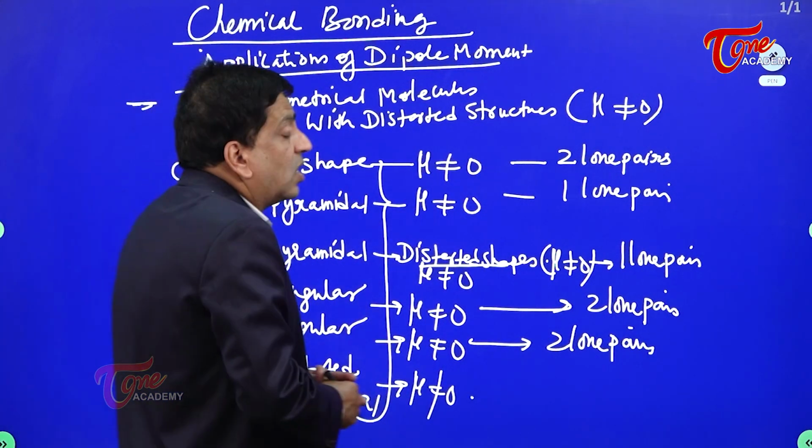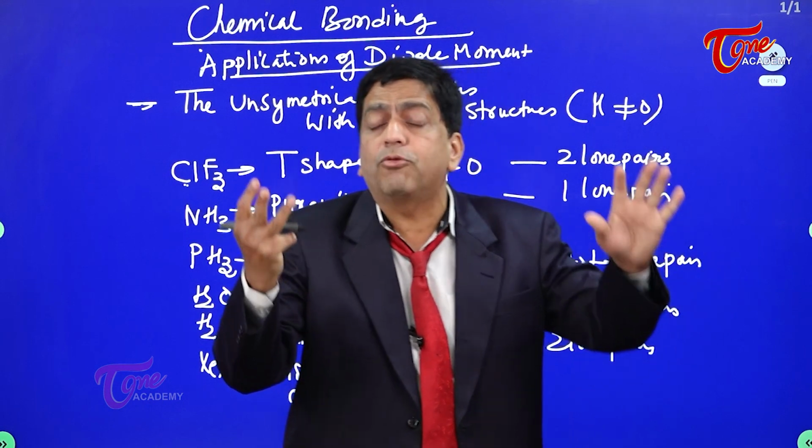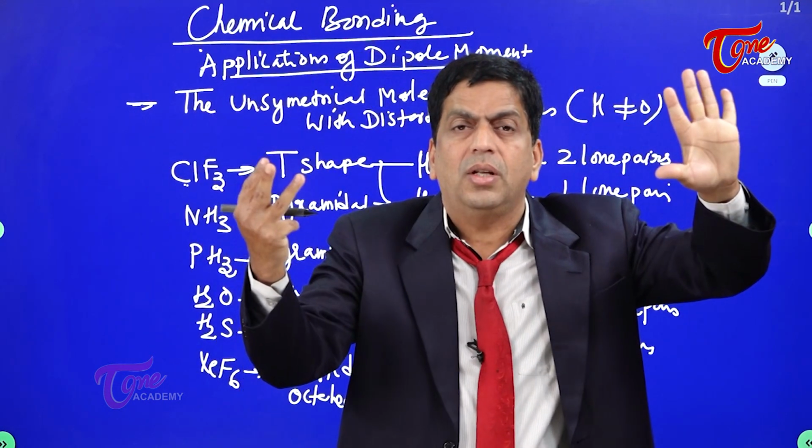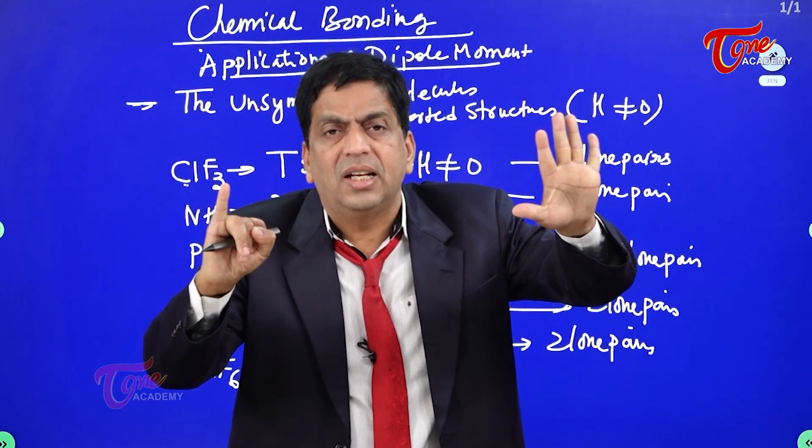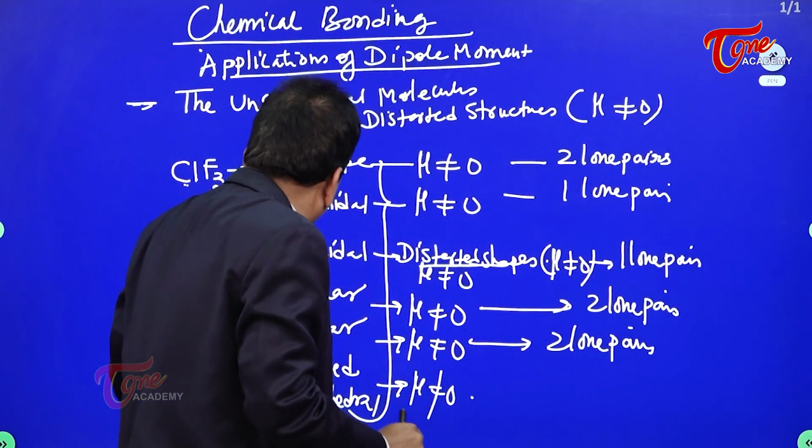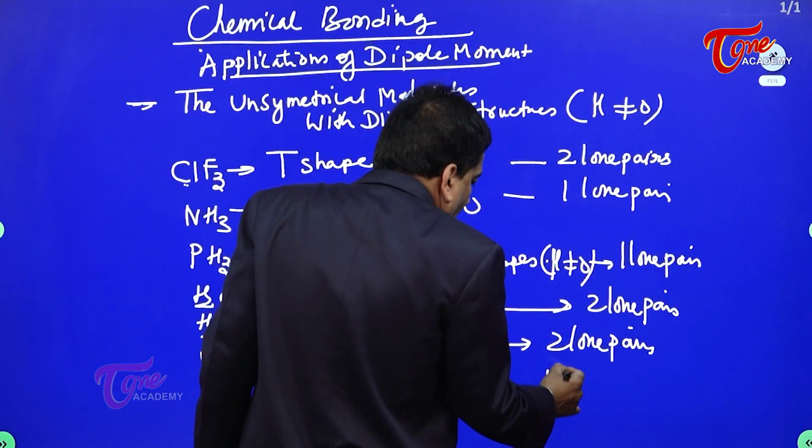And in XeF6, xenon belongs to 8th group. So you have total 8 electrons, and you invested 6. So you have 1 lone pair.